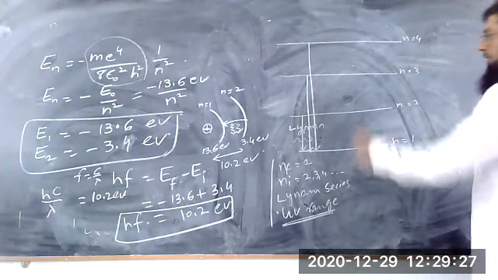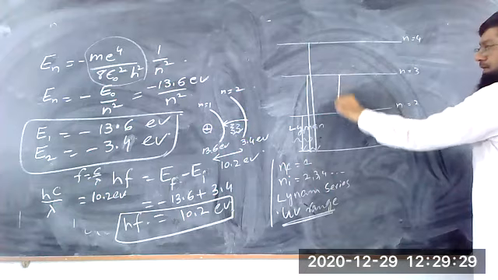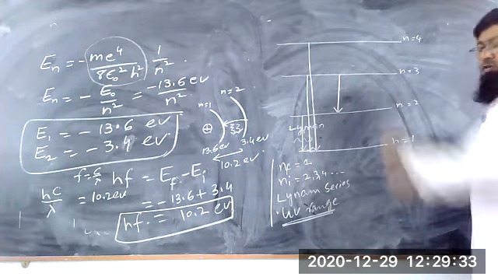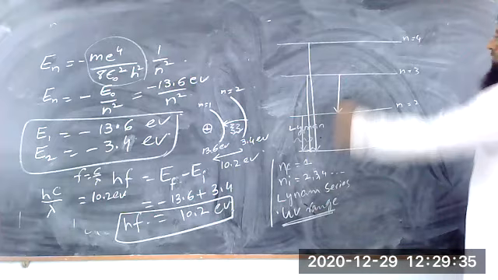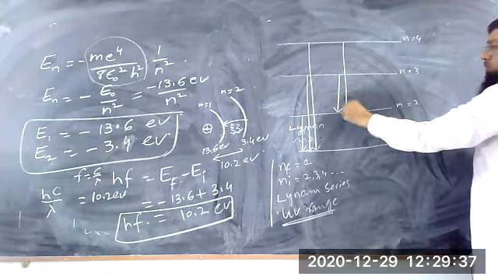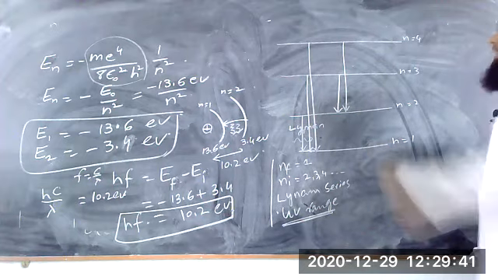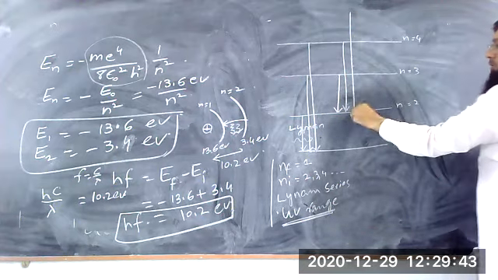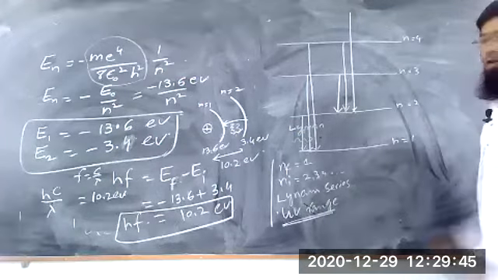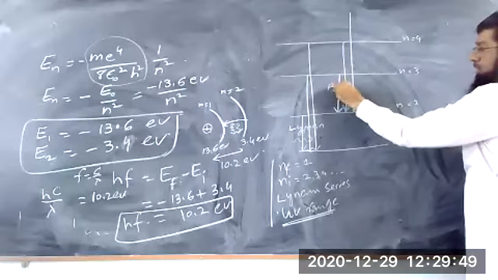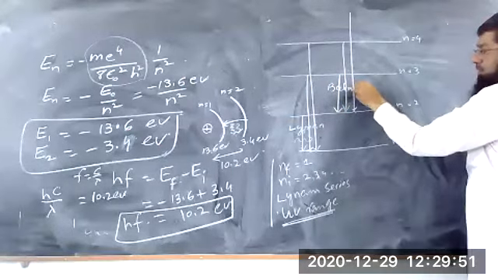Similarly, there may be a chance that the electron de-excites into n is equal to 2 from n is equal to 3. The electron may de-excite from n is equal to 4 to n is equal to 2, n is equal to 5 to n is equal to 2. Now again this gives you a series, and this series is known as the Balmer series.